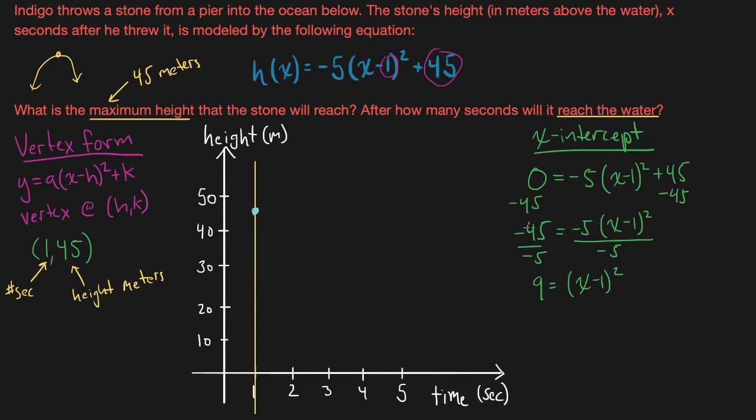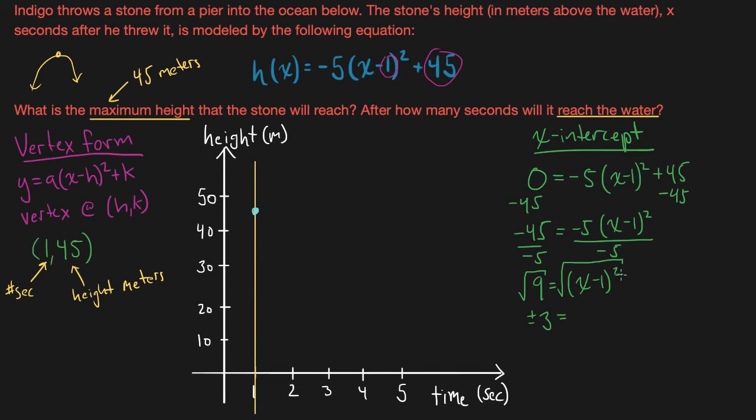And so now we can take the square root of both sides here. That will give me the square root of 9 is equal to the square root of (x - 1) quantity squared. And so what's the square root of 9? Well, it's plus or minus 3, because -3 times -3 equals 9, and +3 times +3 also equals 9.